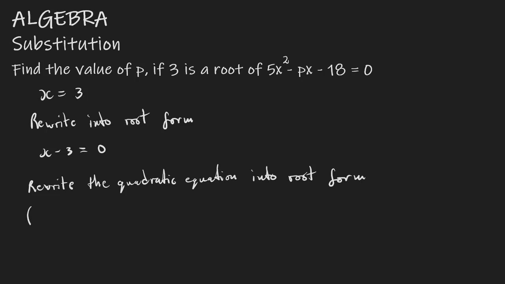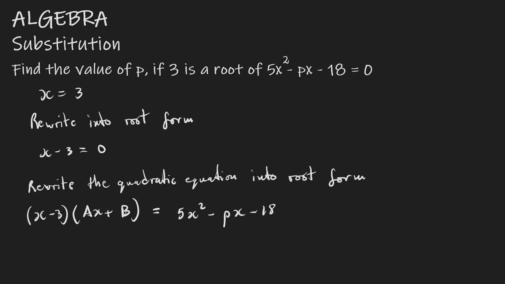So we have x minus 3 times ax plus b, and we use the algebraic symbols a and b here because we don't know the second root of the quadratic equation, and that is equal to 5x squared minus px minus 18.